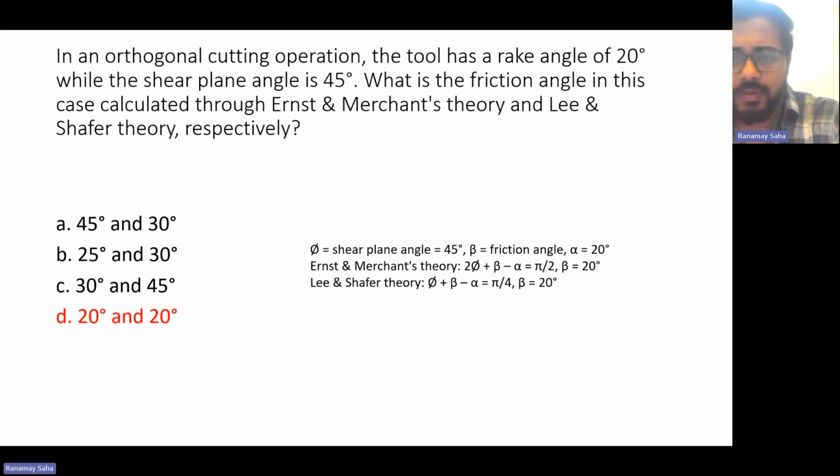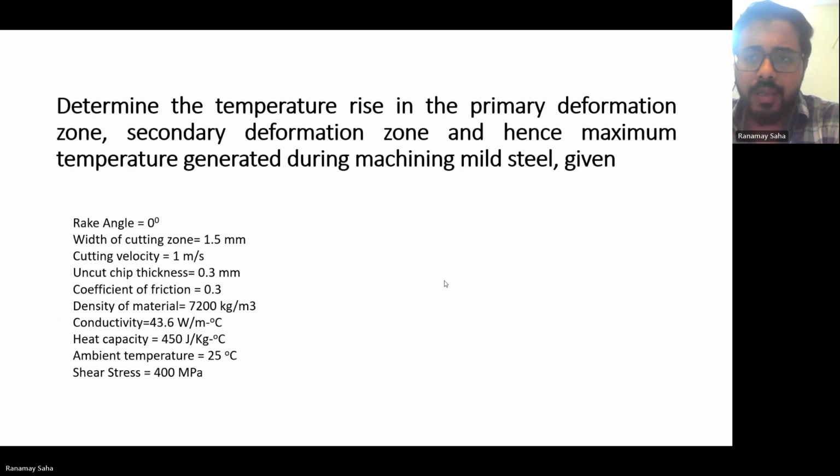Right, so let's move on to discussing some of week six's content, some of the problems. I am giving you a numerical question on plastic deformation and the resulting heat generation during machining processes. The question asks you to determine the temperature rise in the primary deformation zone and the secondary deformation zone, and hence the maximum temperature generated during machining of mild steel.